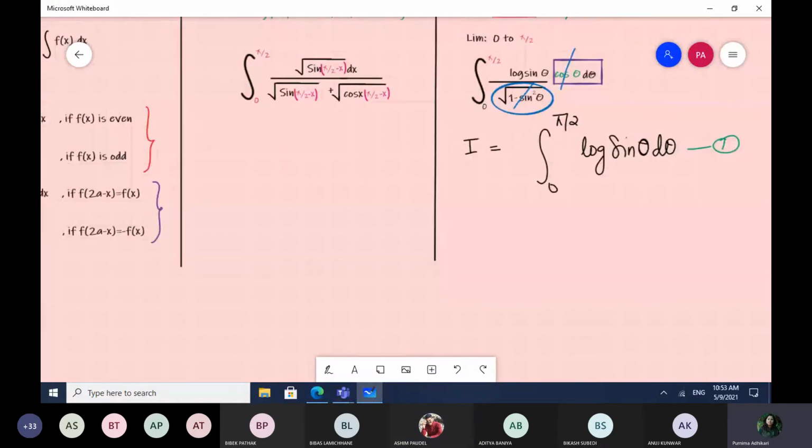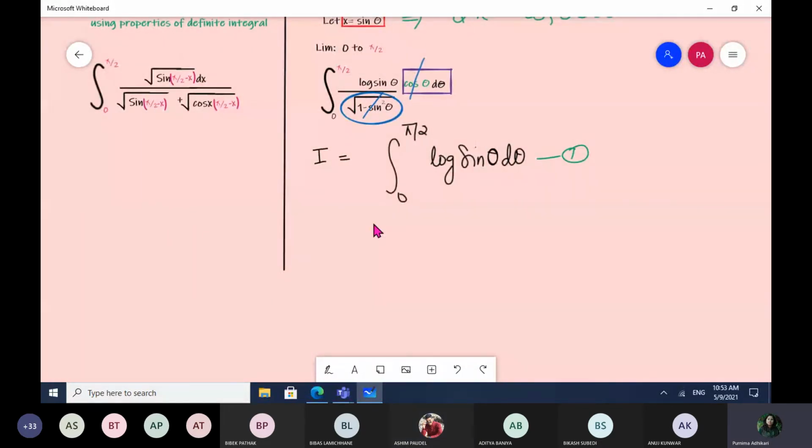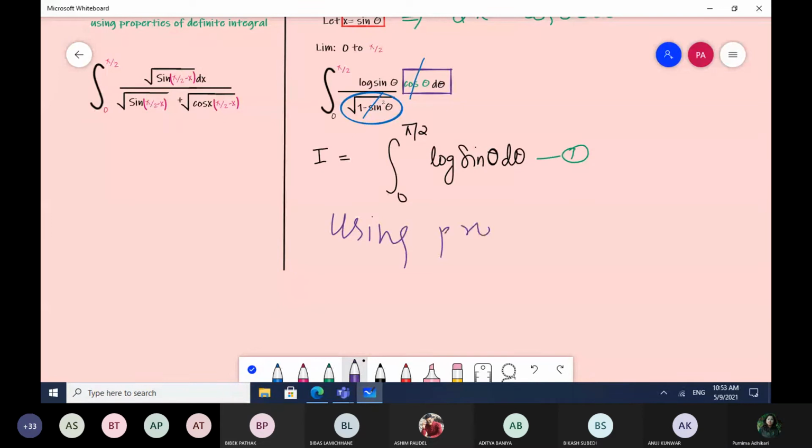Okay, 0 is your lower limit. So when you apply the property, your sin theta will be replaced by cos theta, isn't it? After using the property, you will get I equals. Now I'm not going to write it down in detail.